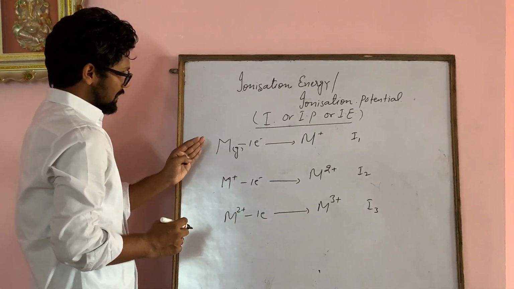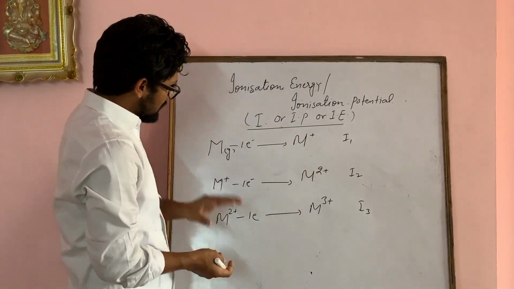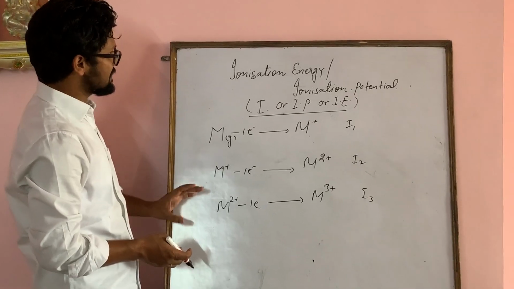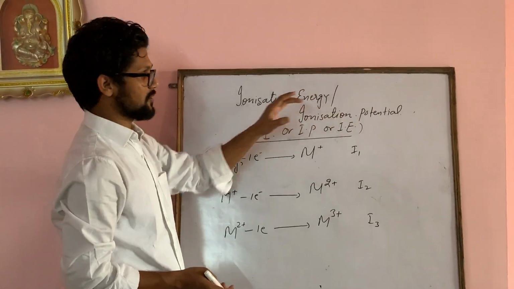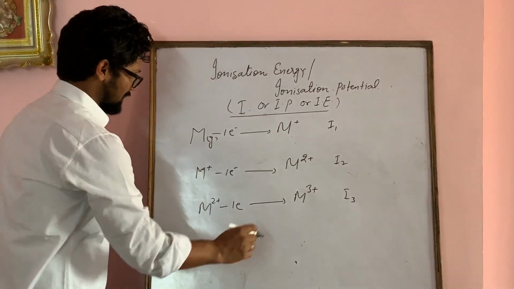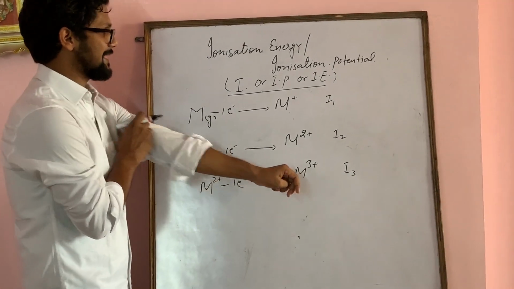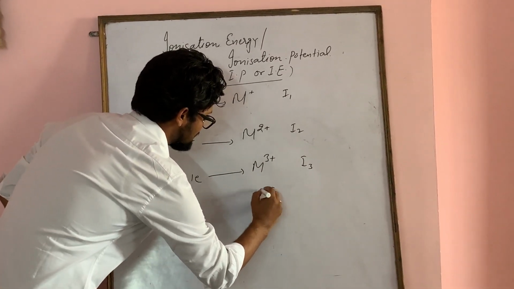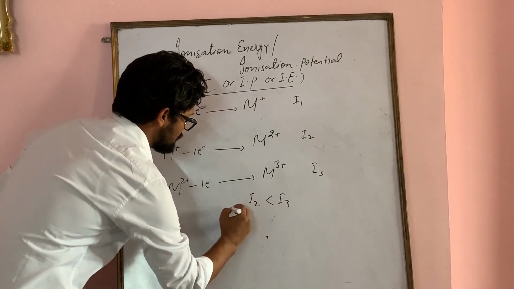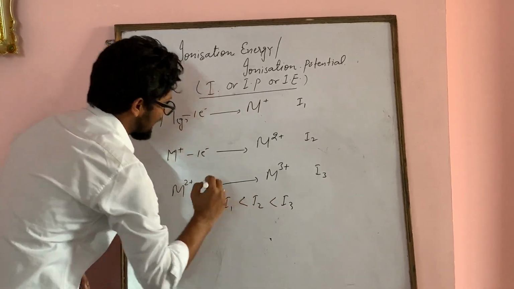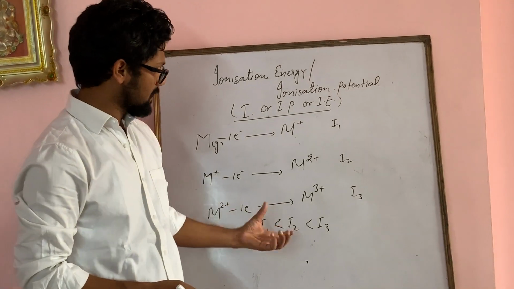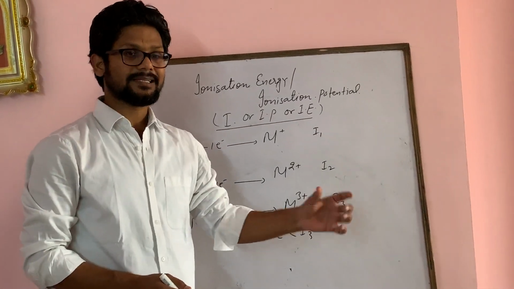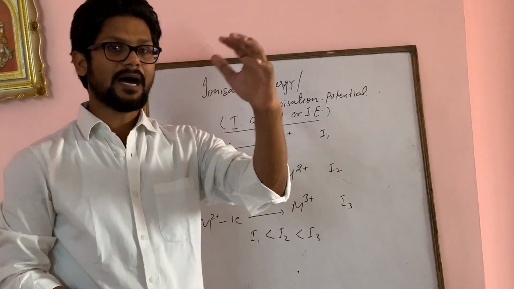So this energy or this process is called progressive ionization potential. From the experimental data, it was seen that I3 is greater than I2, which is greater than I1, and this is explained on the basis of effective nuclear charge that you will study in higher classes.